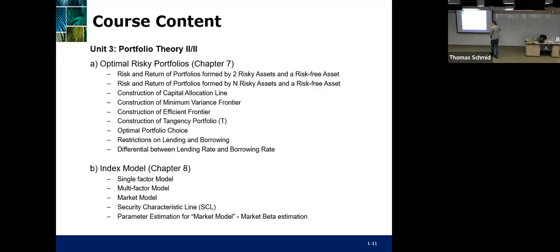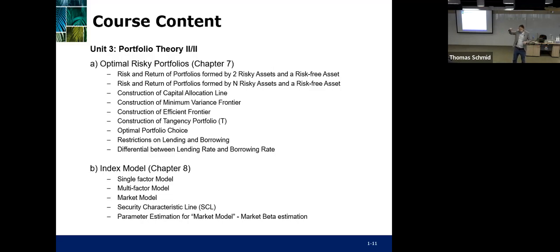I mean, that's a lot of jumping ahead, but the probably most surprising result, which is the underlying foundation or idea behind the most important model in modern finance, the capital asset pricing model, is that all investors, independently of their level of risk aversion, will choose the same risky portfolio. So there will be one risky portfolio which consists of multiple risky assets.